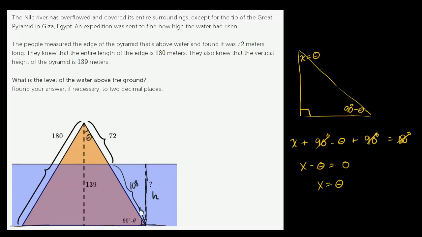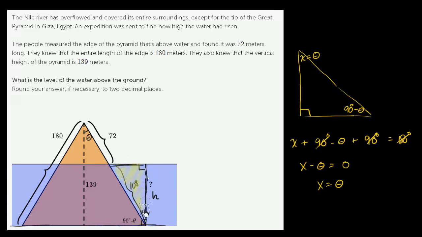So what does this do for us? We need to figure out this height. We know that this right over here is a right triangle. I could color this in just to make it a little bit clearer. This thing in yellow right over here is a right triangle.